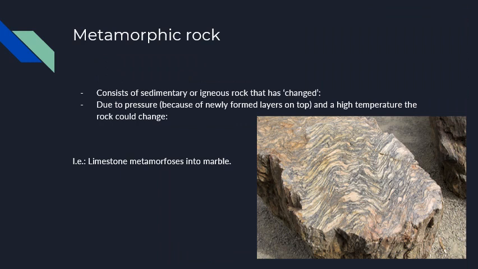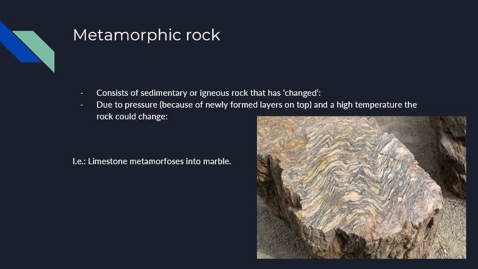Here you see the metamorphic rock, and this contains both sedimentary and igneous rock, but it has changed due to very high pressure because of newly formed layers on top of it, and the very high temperature inside the crust. The rock can change.